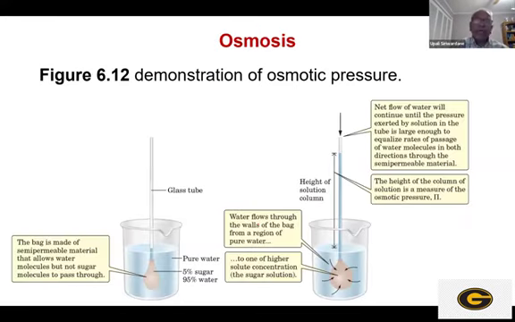Let's talk about osmotic pressure. Osmotic pressure is when you have a pouch made out of bladder, a bag. Bladder is considered semi-permeable.